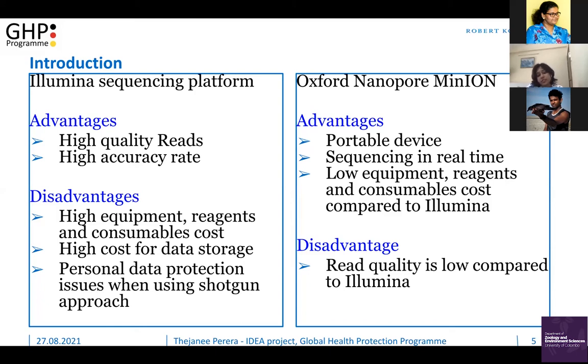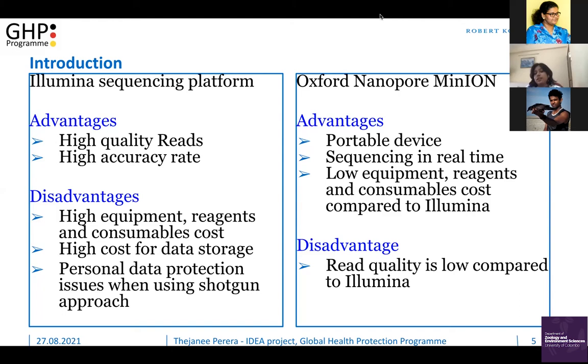The disadvantage of Illumina sequencing is that the equipment, reagent, and consumable cost is very high, and also the cost for data storage. And when we're using the shotgun approach, we also have some issues with personal data protection.